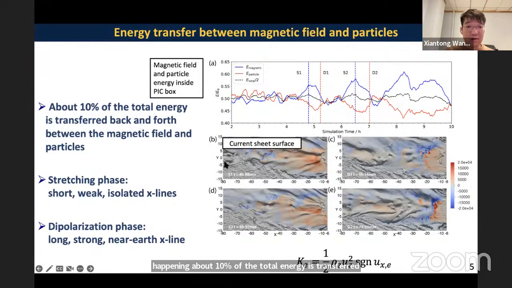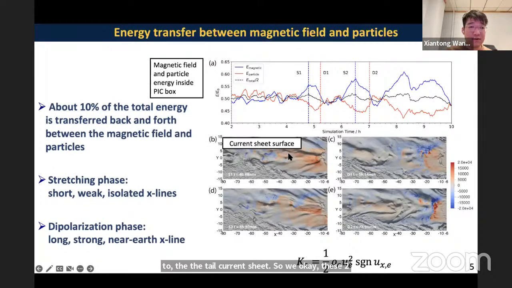And the lower panels are showing the electron kinetic energy with the sign of the electron speed on an isosurface plane, which is where Bx equals 0. So it mostly refers to the tail current sheet. So we plotted these two types of magnetotail we see in the simulation.